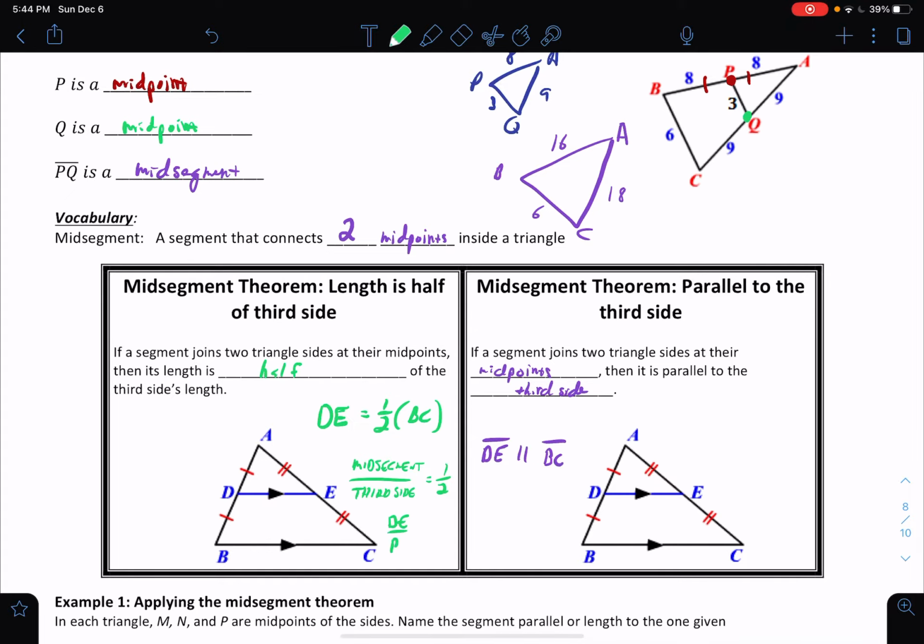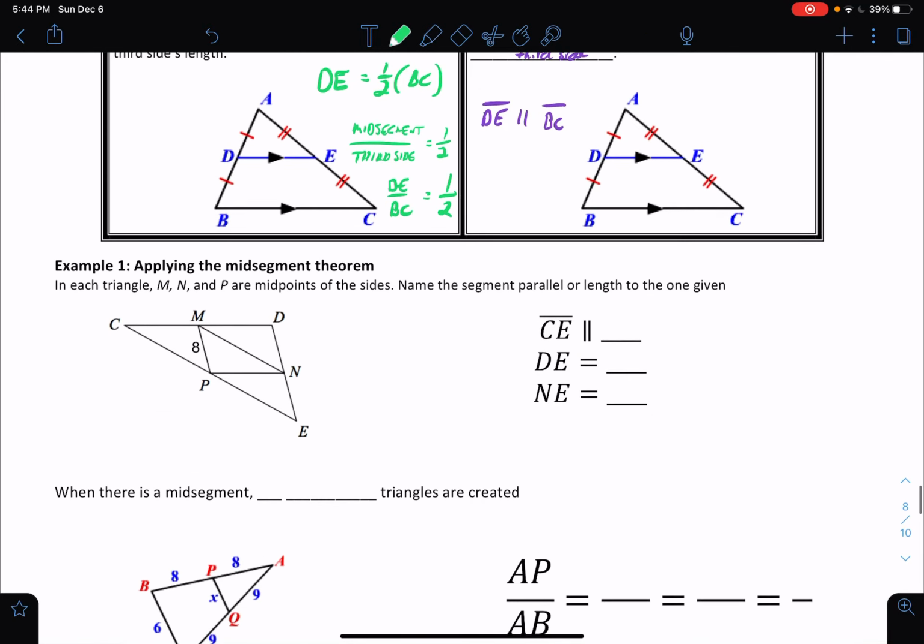DE over BC, the midsegment over the side, is going to equal 1/2. So that's a proportion that we can set up. Those are two ratios we can set equal to each other in order to cross multiply and solve. A midsegment is just a specific case of what we were talking about in previous videos, the side splitter theorem. So let's look at example 1.